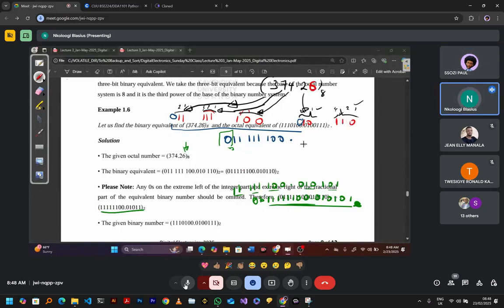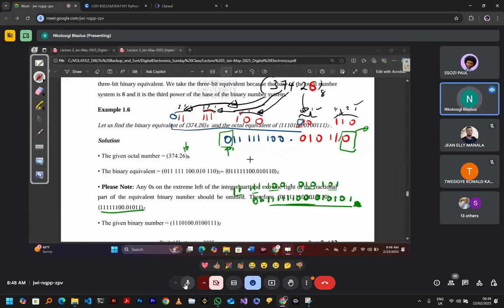Nice. Then combining it, you would have a 0, of course, after adding this 0 here. So you have a 0 1 0 and then 1 1 0. But we said that you have to omit the extreme right zeros on the fraction number and the extreme left zeros on the integer part.